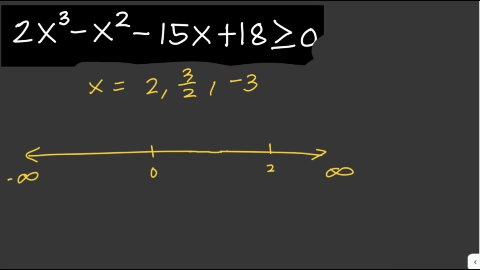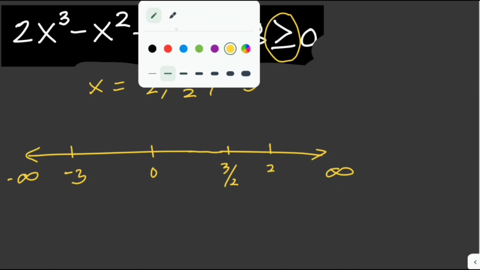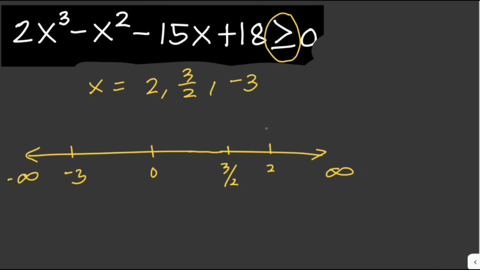So 3 halves is 1.5. It should be here. 3 halves, and then negative 3. Okay, since our inequality here is greater than or equal to 0, so we have an equal sign here, that means our graph would be closed. So this is closed here, this one too, and this one.